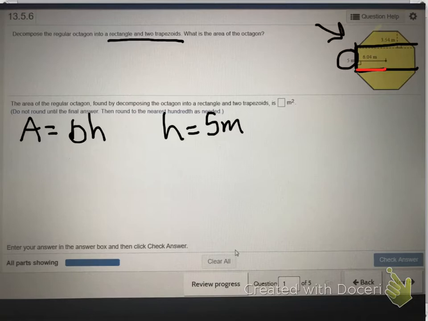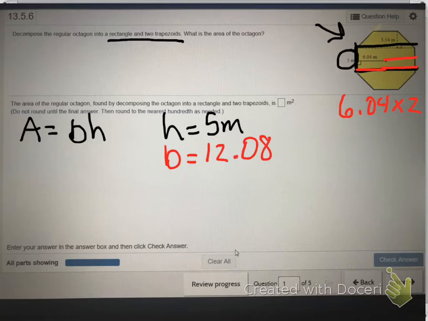So we should also know that from the center to this edge is going to be 6.04. So this line here should be 6.04 times 2. So I'm going to plug that into my calculator, and that gives me a base of 12.08.